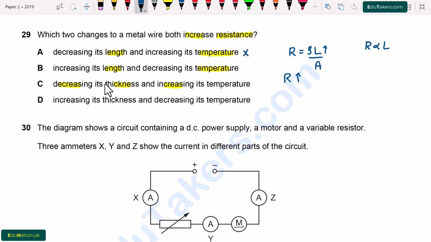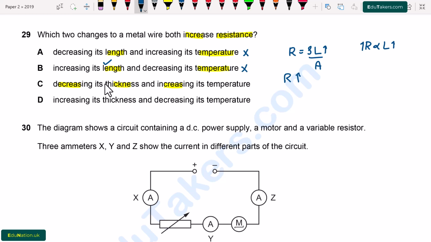Now we see the option B, increasing its length. Here when we increase the length, resistance also increases. It is correct, but decreasing its temperature is not, because we have to increase the temperature also in order to increase the resistance of the metal. So this option is also incorrect because of the second part.